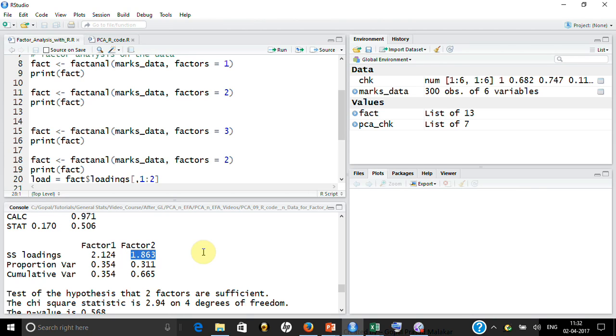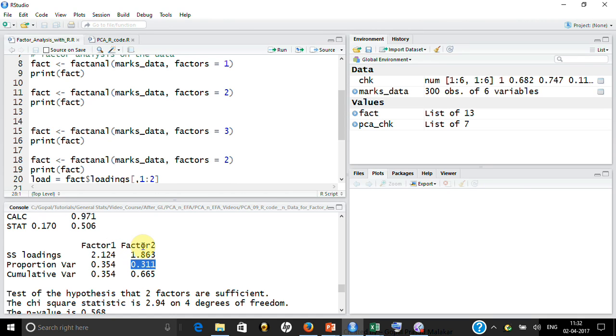It is very similar to this: if you take all standardized variables, the variance of the total data will become 6, and that's why 2.124 divided by 6 will give you that this factor is explaining 35.4% of the total variance, and 1.863 divided by 6 will give you 0.311.